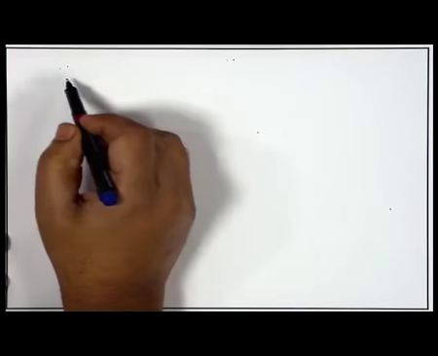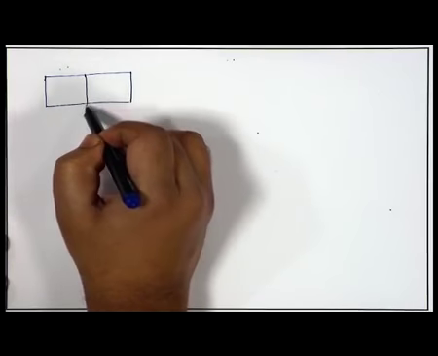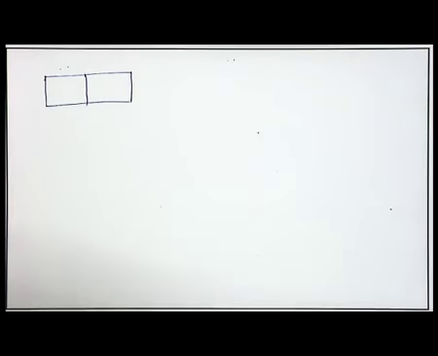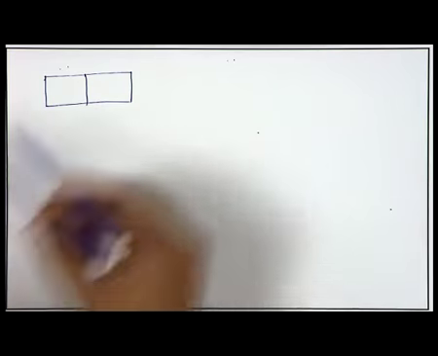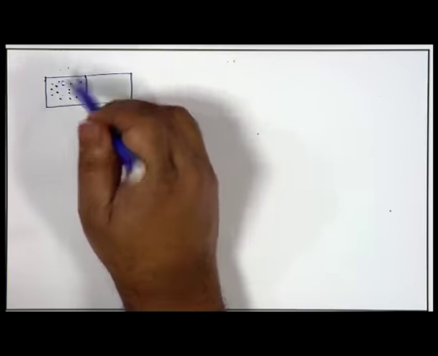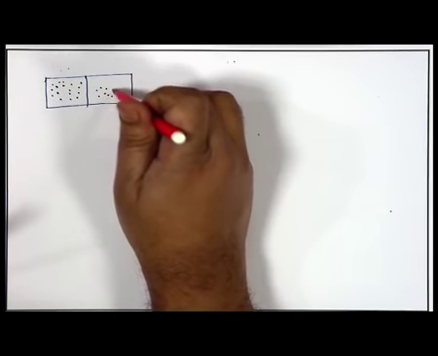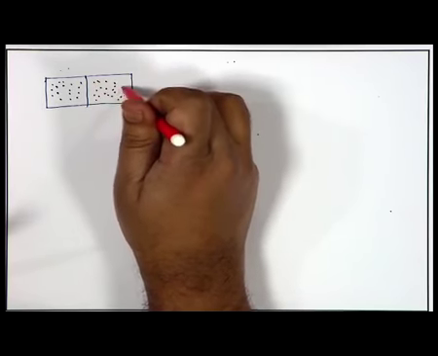I will give you one more example where I have two different gases separated by a boundary. One side I have this blue, violet gas, and on the other side I have red gas molecules.